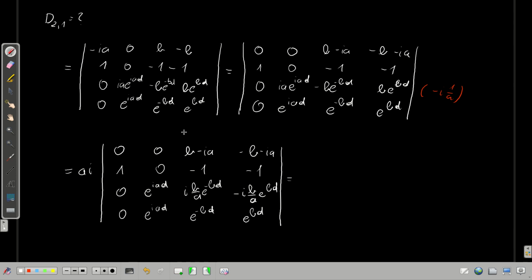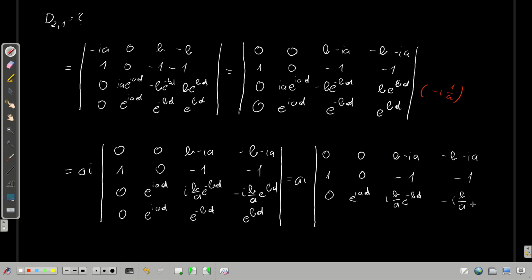And now I subtract the third row from the fourth row, which yields, can just copy. Now the fourth row changes.